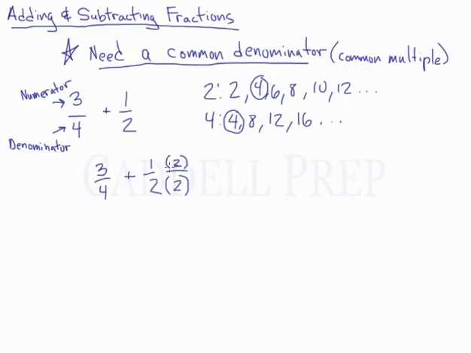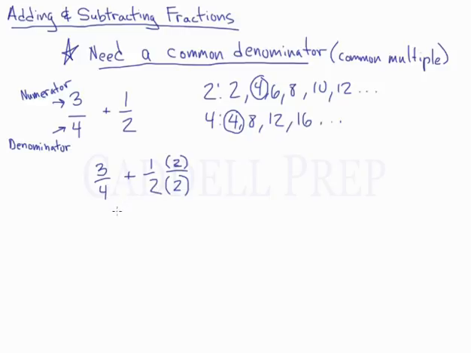So I'll end up with 2 over 4. The reason why this fraction doesn't get changed is because 2 divided by 2 is 1. So essentially we're just multiplying 1/2 by 1. And anything multiplied by 1 is the same number. So we're not changing it.